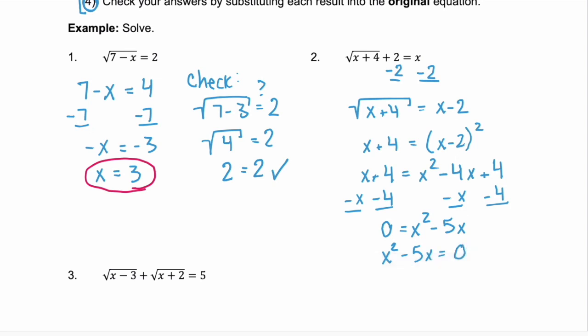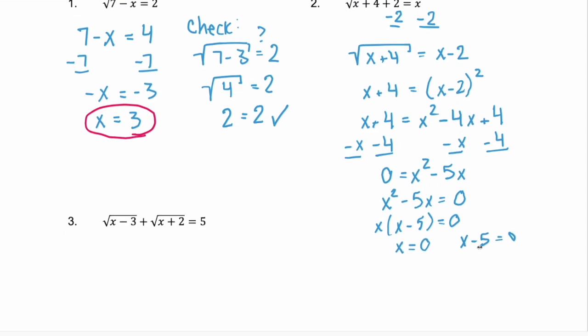We have a GCF here of x, so we factor out the x, and we have x minus 5. The zero product property tells us that x equals 0 or x minus 5 equals 0. Solving that second one, we add 5 to both sides, and we have x equals 5. So our two solutions are that x equals 0 or x equals 5.